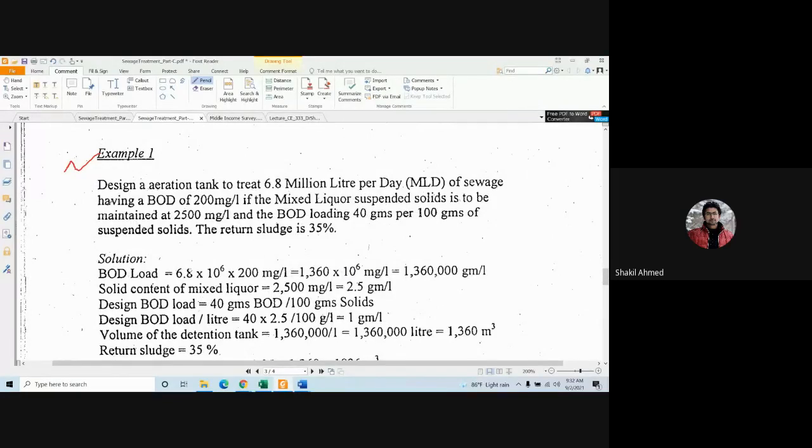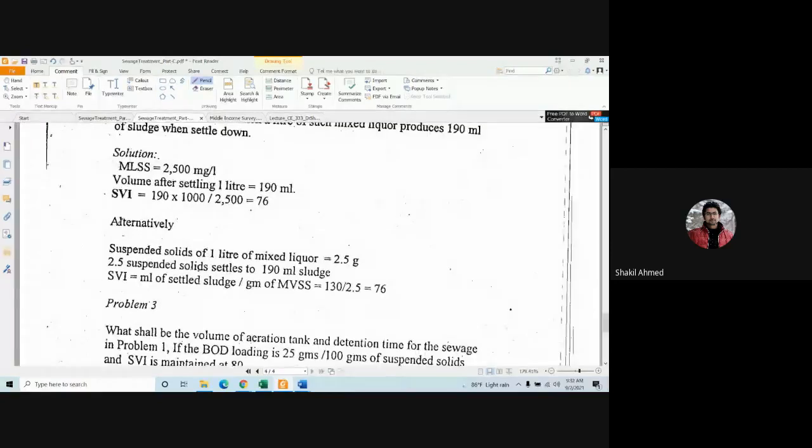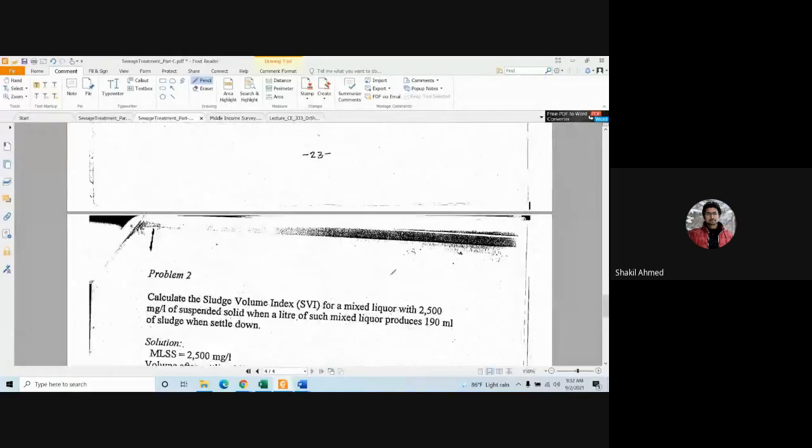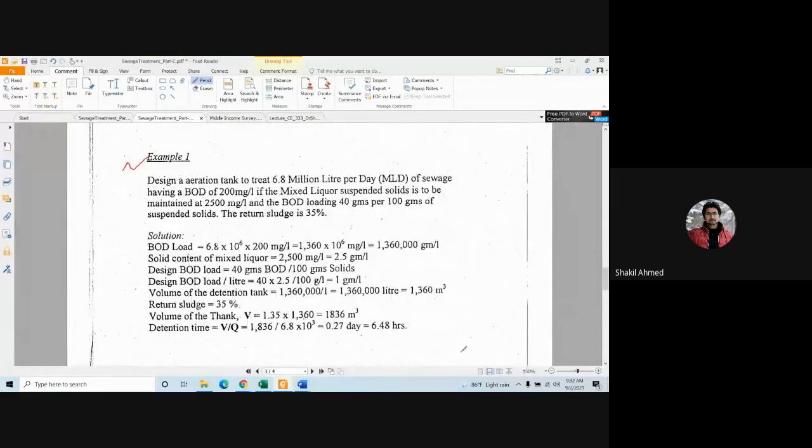Here they're telling that design an aeration tank to treat 6.8 million liter per day of sewage.